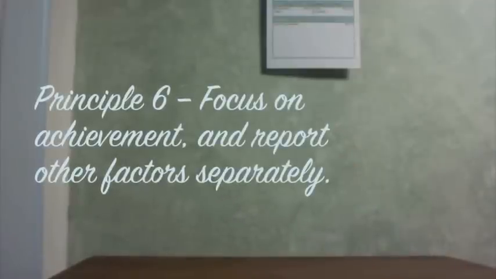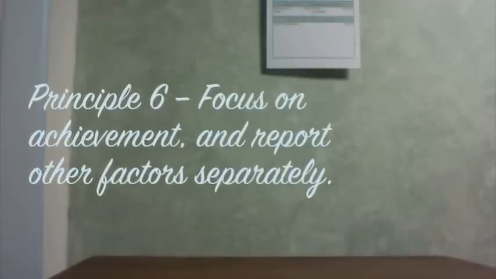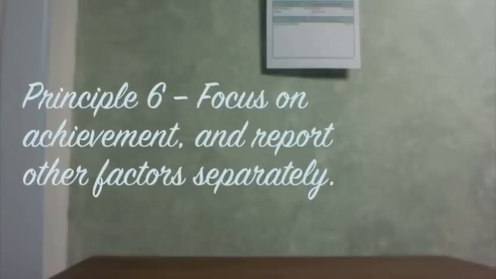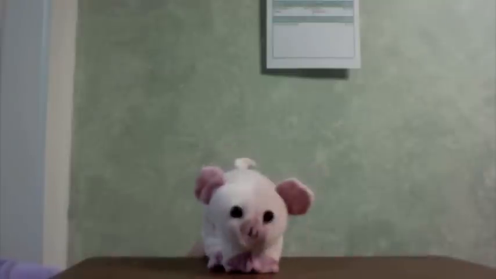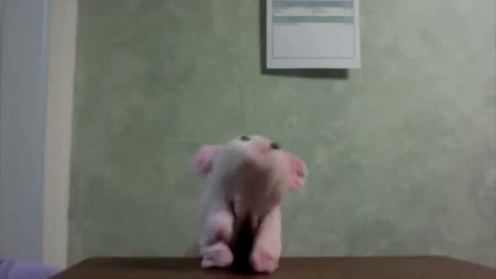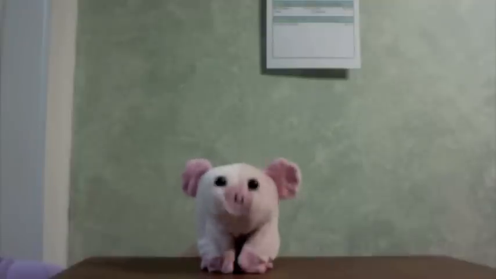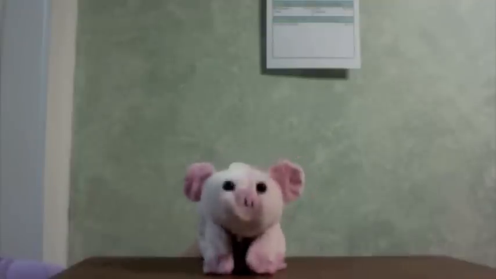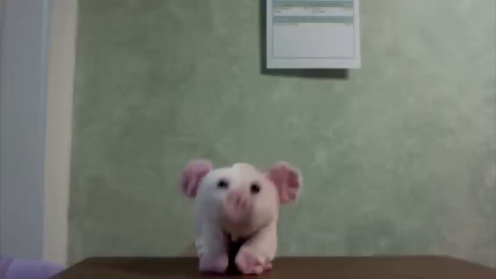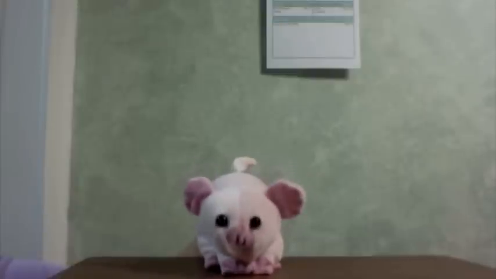Principle 6. Focus on achievement and report other factors separately. Grades should not be a mixture of random factors such as attendance, completing work on time, effort, homework, penmanship, and behavior. Grades should just represent the learning based on the goals the teacher established at the onset of the lesson.